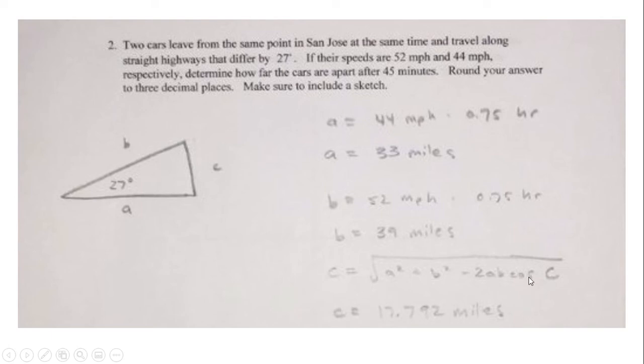So if I plug that into my calculator, I've got 33 squared plus 39 squared minus 2 times 33 times 39 times cosine of 27 degrees. Take the square root of all that. C is approximately 17.792 miles, which makes pretty good sense, I think.